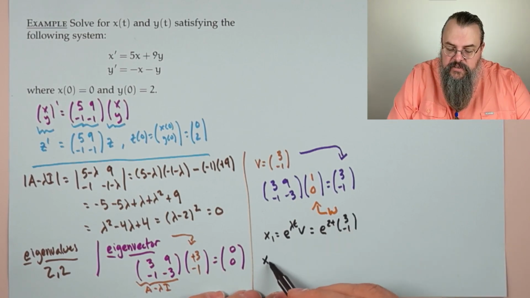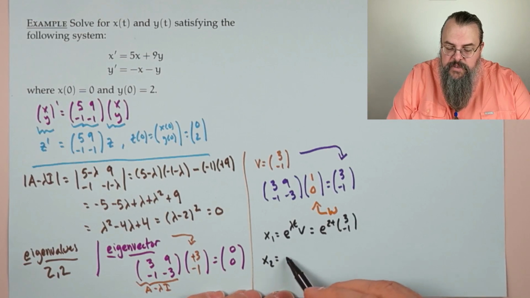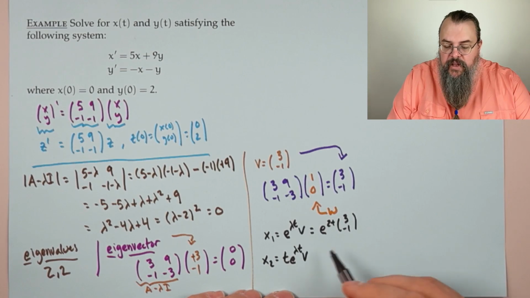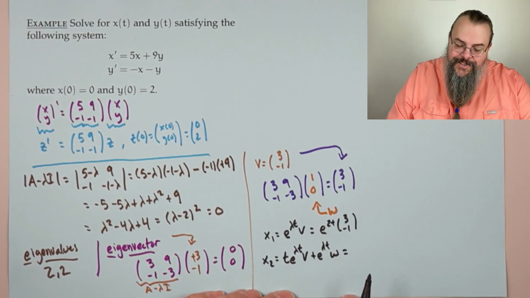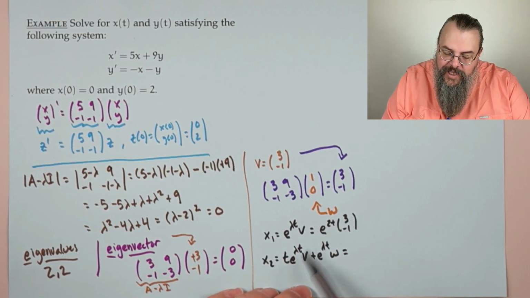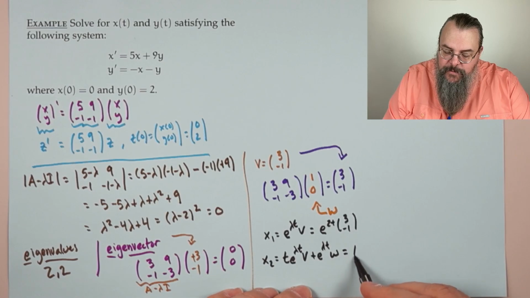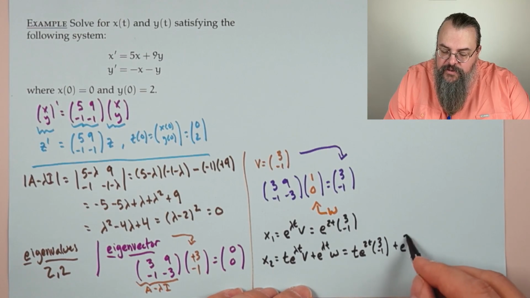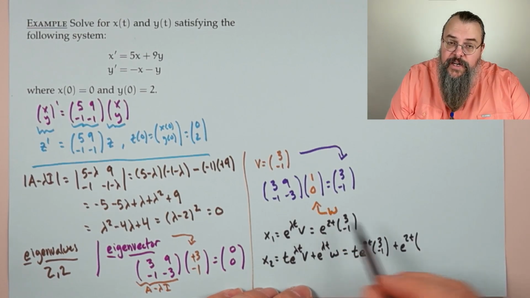Our second solution is going to be t e to the lambda t times v plus e to the lambda t times w. All right. So, well, we take our first solution and we've bumped it up by a factor of t, but then we say, wait, in order for it to work, we also need to have a little bit of correction.